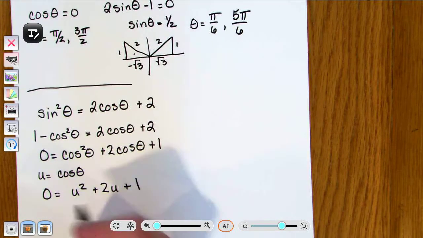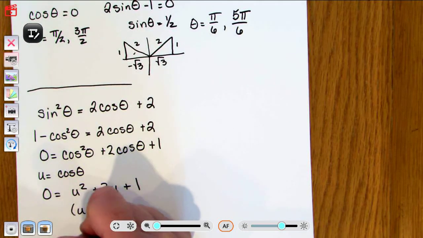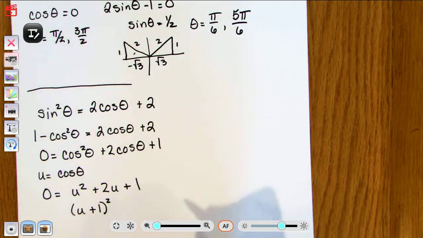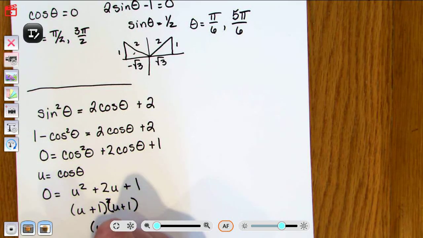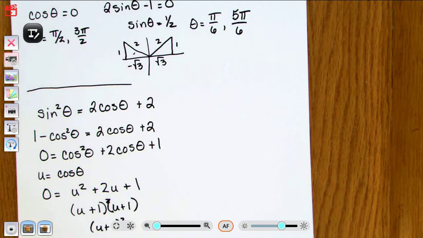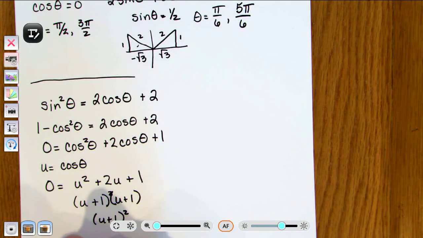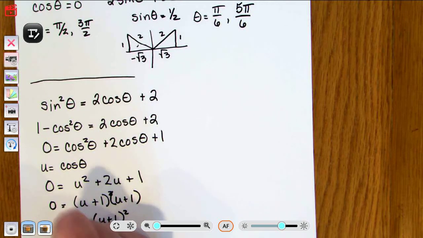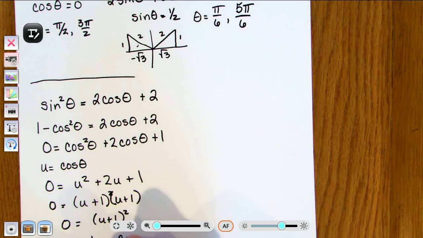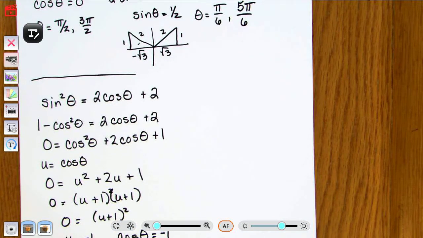This one I should be able to factor by itself. I think it's u plus 1, or u plus 1 squared, which means u is equal to -1. Put in the equal 0 in here, which means cosine of theta is equal to -1. And the cosine of theta equals -1 when theta is at pi.